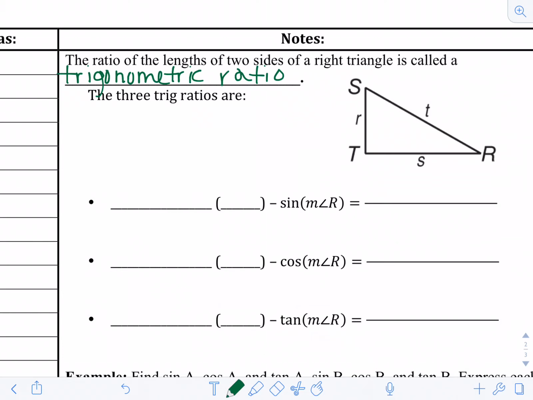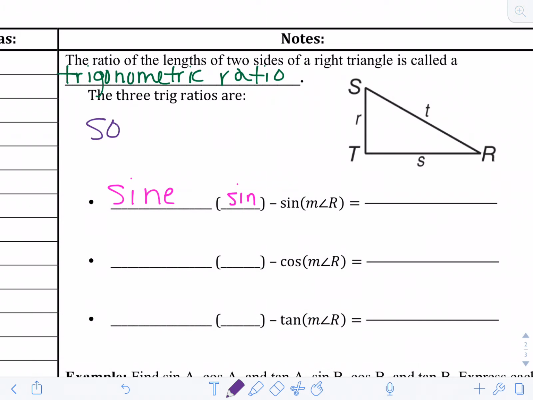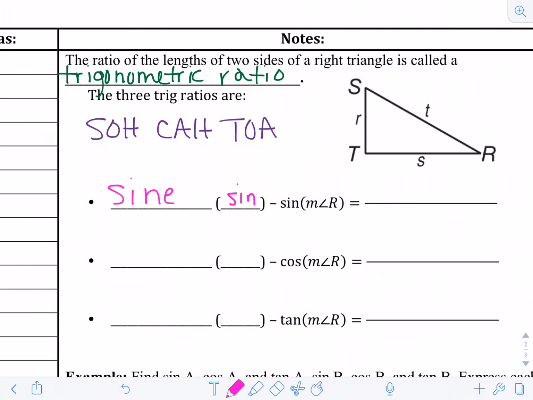One of them that we're going to do is going to be sine. It's abbreviated SIN. Okay, so sine, if you write down this SOHCAHTOA, we're going to use this a whole lot. Right, so what that means is that sine, if you look right here, is opposite over the hypotenuse.